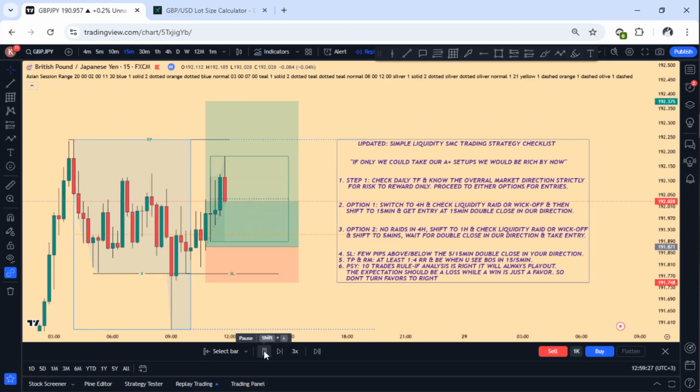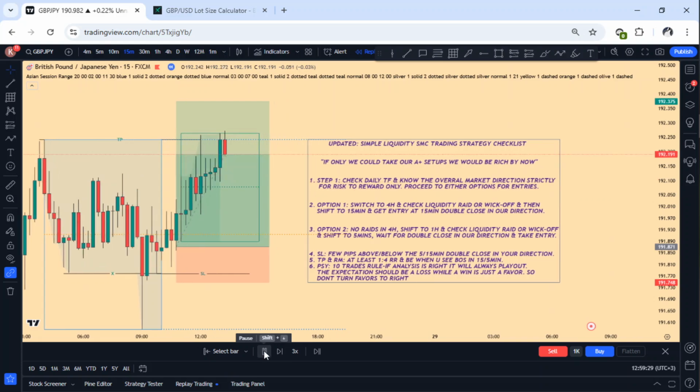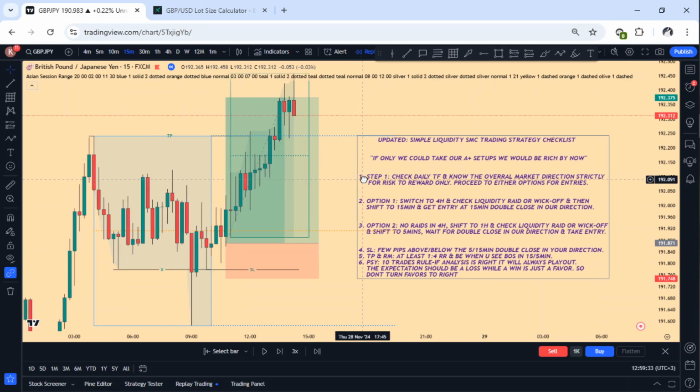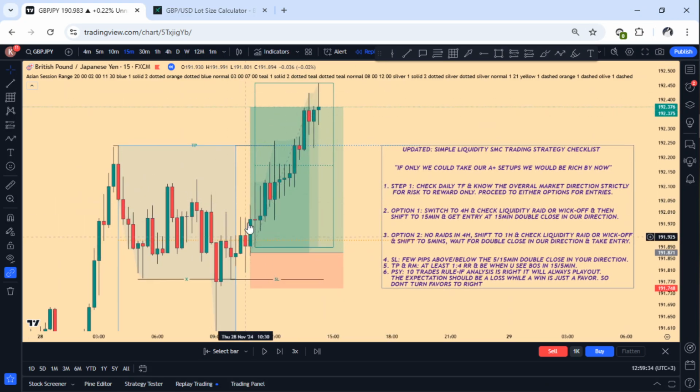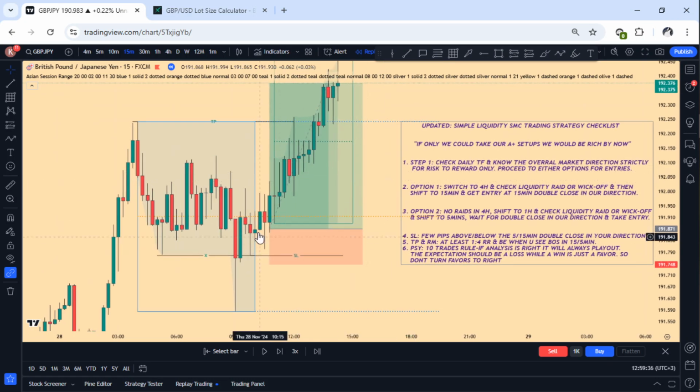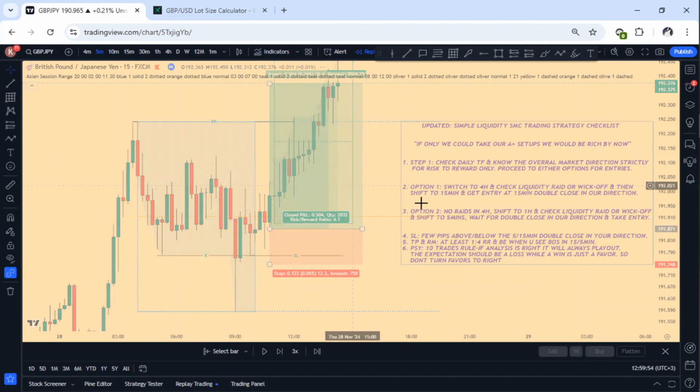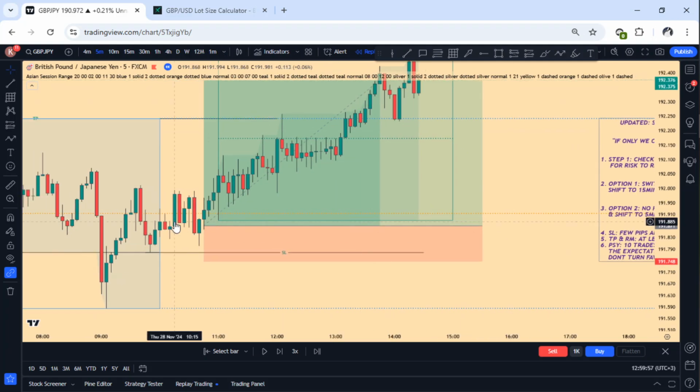So that is the trade taken in, and then you see we have the TP being taken straight away. Now if you still wanted to get confirmatory trades without being swiped, and you don't have a lot of imbalances here, and the immediate candle after it did not shift bullish, you can equally go to 5 minutes and still get a sniper entry by looking for a double close.